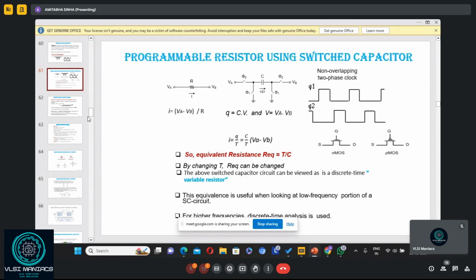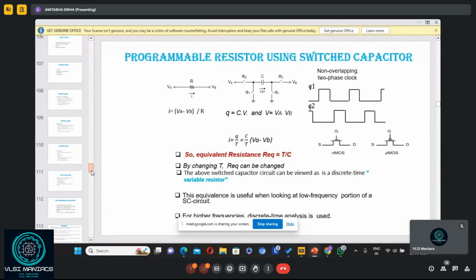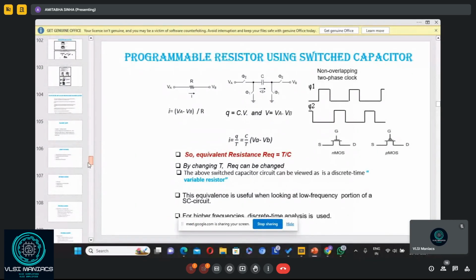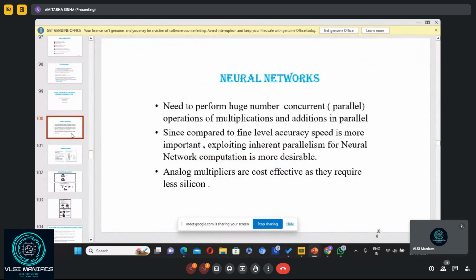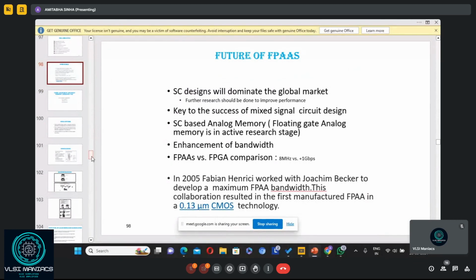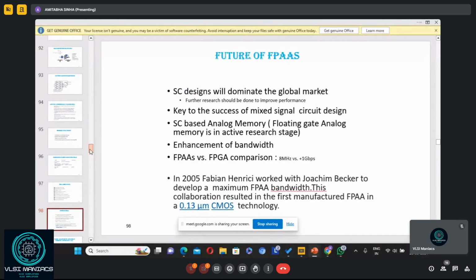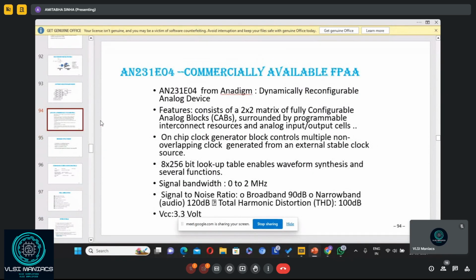So that's why the bandwidth is limited by the clock frequency. And here, in fact, work is still going on to make the bandwidth higher. That is the limitation. So you should know the biggest limitations of the FPAA.